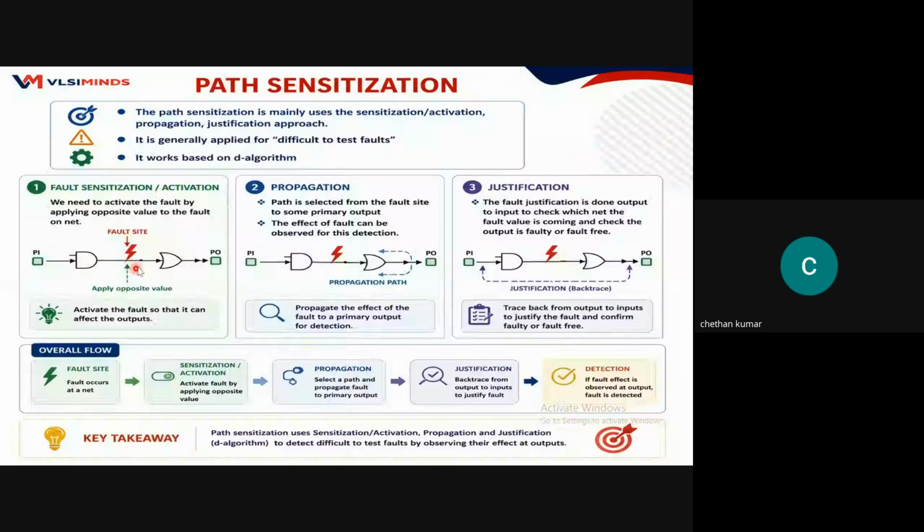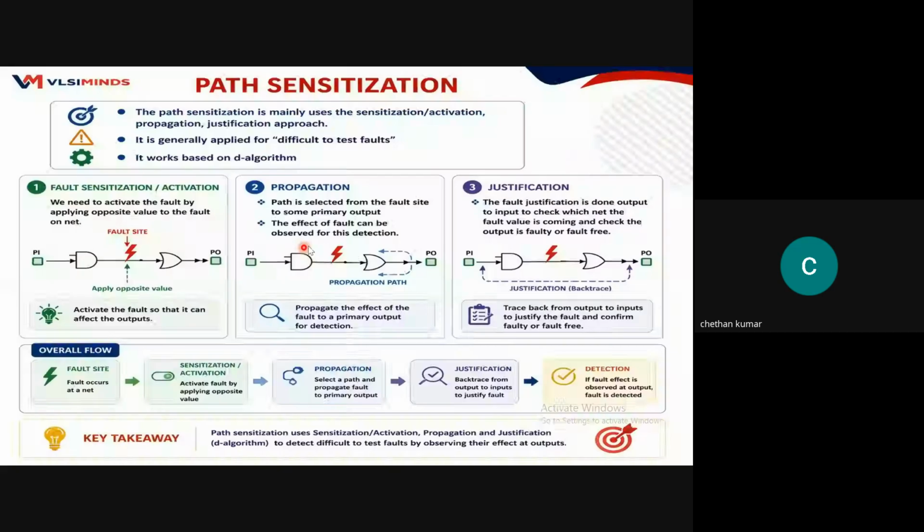That means I should apply the opposite value. If I apply 1 here and still 0 is coming as an input to this gate, that means there is a fault here. In that way, we have to activate the fault by applying the opposite value to the fault on the net.